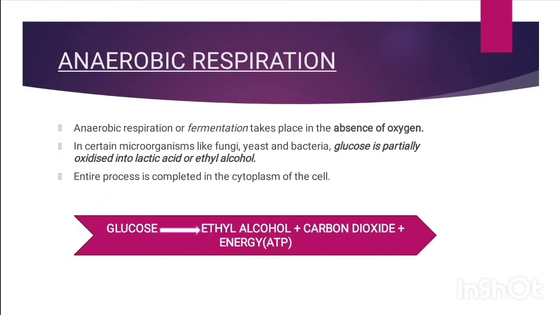Anaerobic respiration. Anaerobic respiration or fermentation takes place in the absence of oxygen. In certain microorganisms like fungi, yeast, and bacteria, glucose is partially oxidized into lactic acid or ethyl alcohol. The entire process is completed in the cytoplasm of the cell.